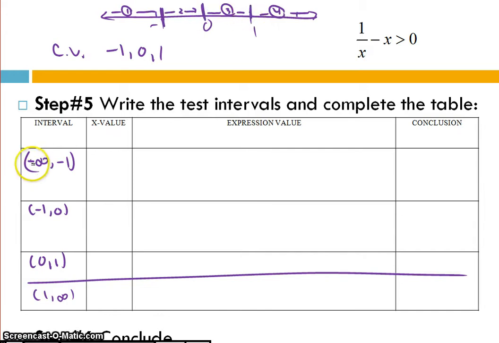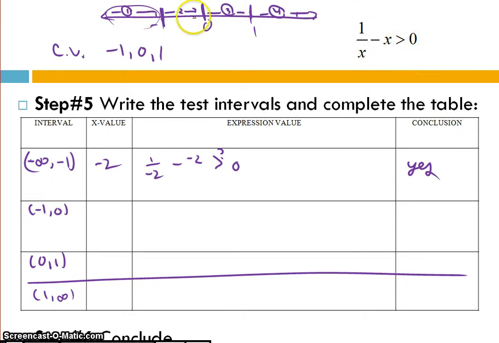Okay, so we're going to need a test number between minus infinity and minus 1. Any number out here on the number line, like minus 2, for example, we're going to plug it in. 1 over minus 2 minus a negative 2. Is that number bigger than 0? So minus 1/2 plus 2, yeah, that's 1.5. That tells me that this rational function is above the x-axis there.